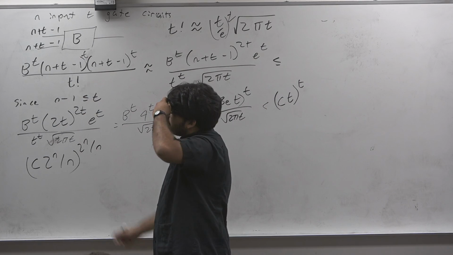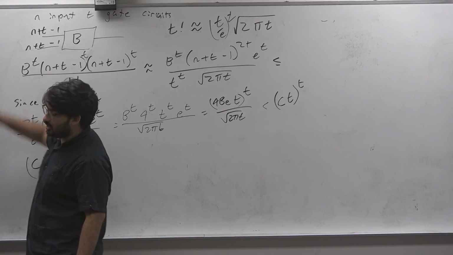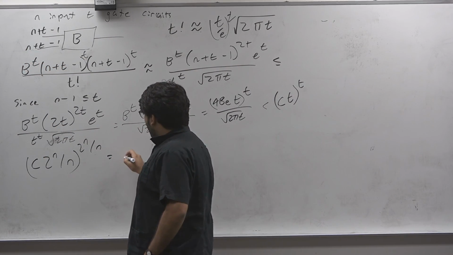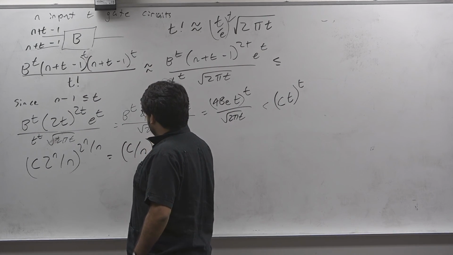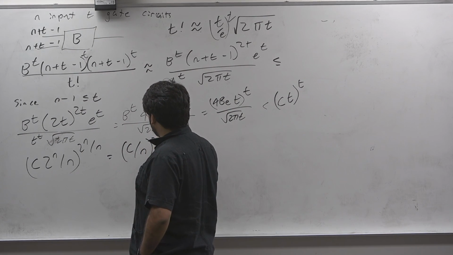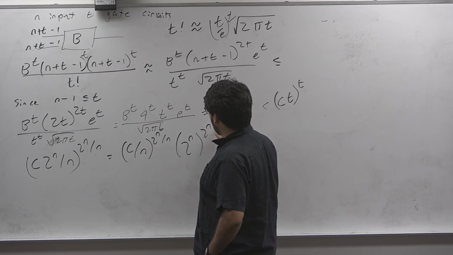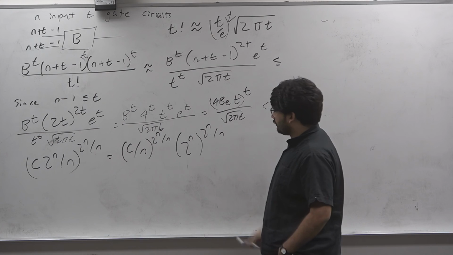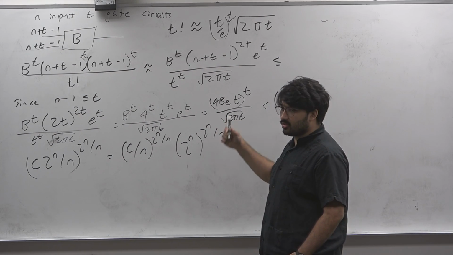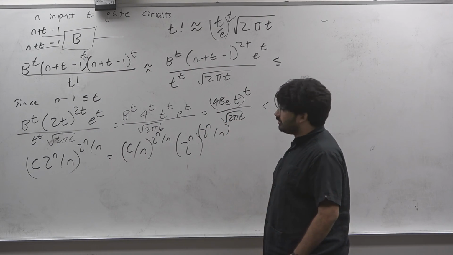Let's first find this numerator here, the number of circuits of size 2 to the n over n. If we expand this, we're going to get c over n, 2 to the n over n, times 2 to the n over n, okay? How can I simplify 2 to the n to the power of 2 to the n over n?